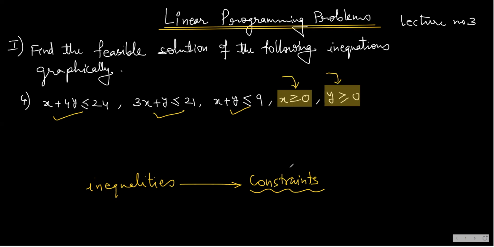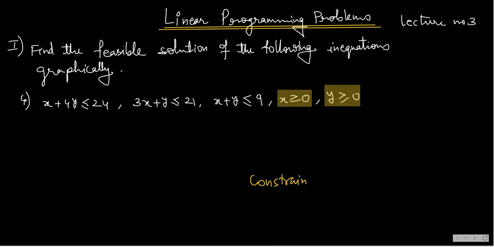Why are they constraints? Because here you are being put to a condition that x cannot be negative. X has to be 0 or greater. You can check. So x can be 0 or x should be greater than 0.